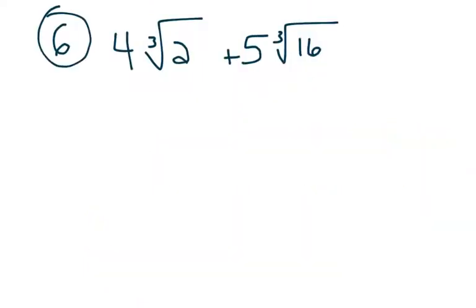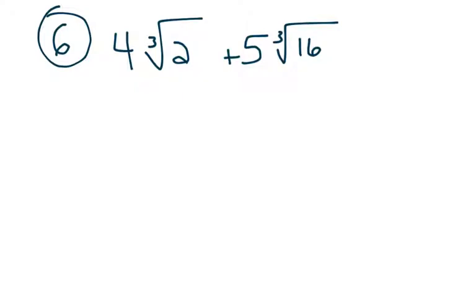In order to add or subtract radicals, remember that not only do the radicals have to have the same root index, but they have to have the same value under the radical. So right now I can't add these together because the cube root of 2 and the cube root of 16 are not like terms. So let's see if I can fix this.